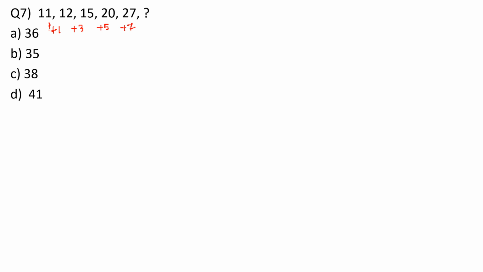So these are 1, 3, 5, 7. These are odd numbers. So the next number will be 27 plus 9, which is 36. So the answer is 36.